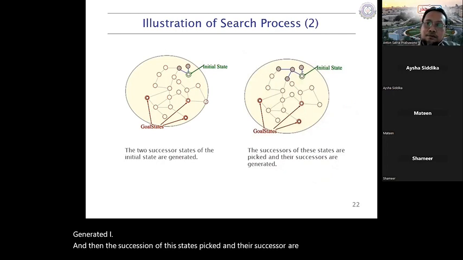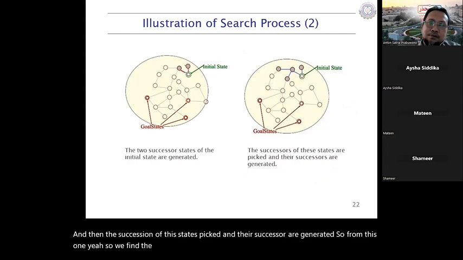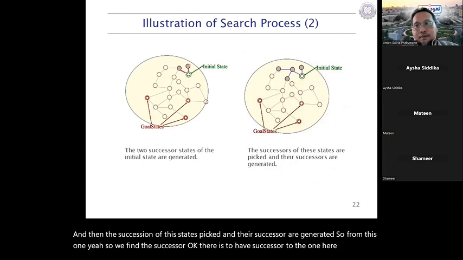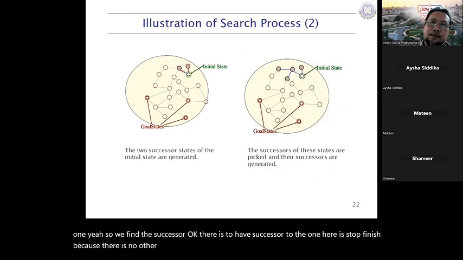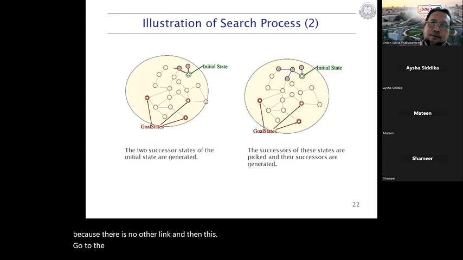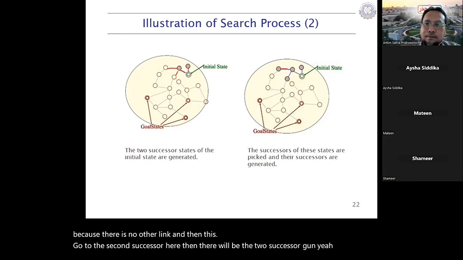From this one, we find the successor. There are 2 successors. The one here stops, finished, because there is no other link. Then we go to the second successor here, and there will be 2 successors again. And we continue to proceed.